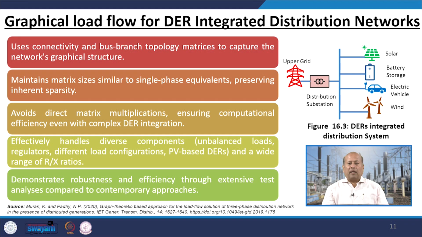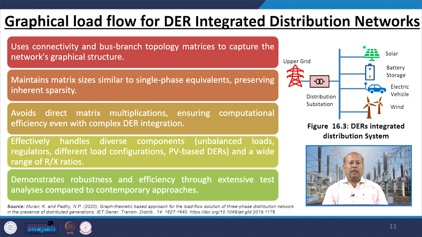Now, graphical load flow for a DR integrated distribution network uses connectivity and bus branch topology matrices to capture the network's graphical structure, maintains matrix sizes similar to single phase equivalent, preserving inherent sparsity, and avoids direct matrix multiplication, ensuring computational efficiency with complex DR integration.